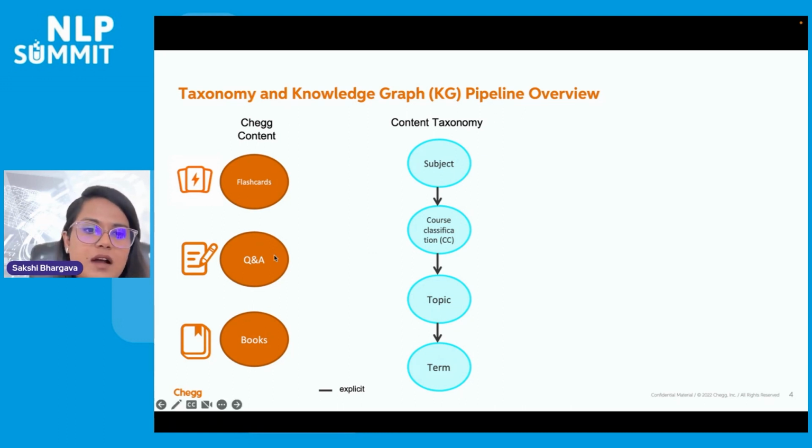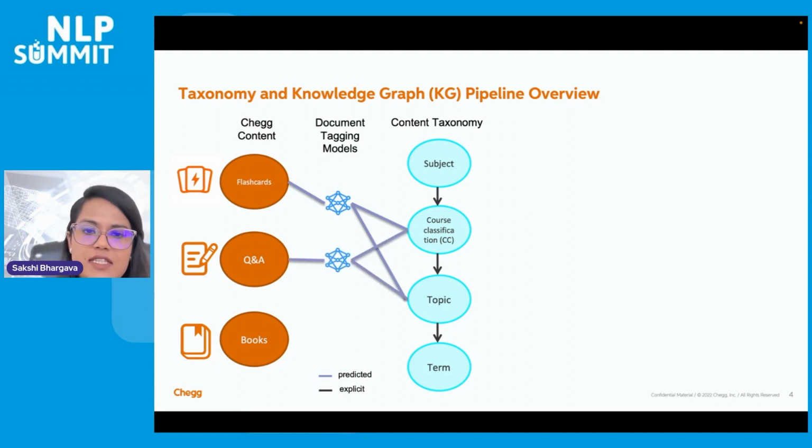So enter ML models. Given the front of the flashcards in a deck or the back of the text of the same flashcards, we can infer course classification and topic information. Similarly, given a question and answer text, we can infer, again, course and topics. And lastly, given a book title and subtitles, we can infer course classification.